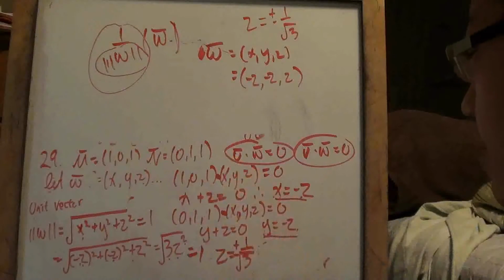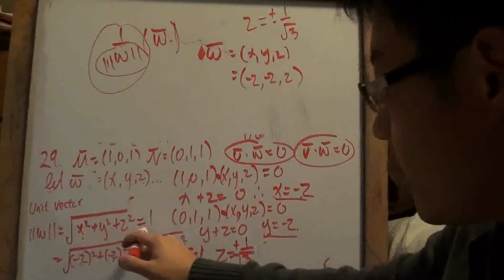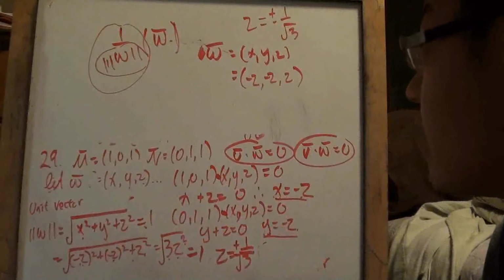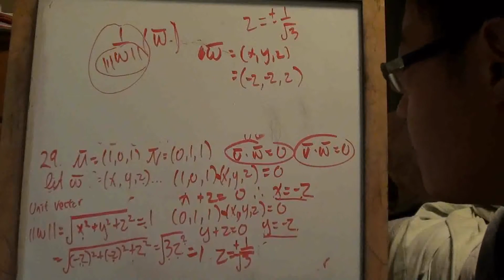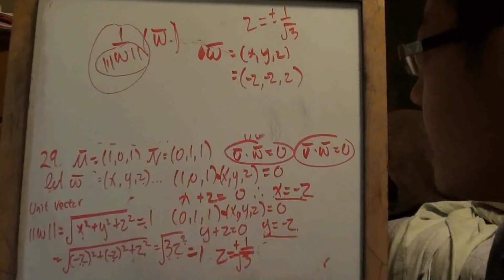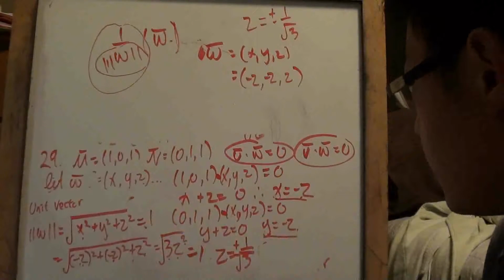By the way, there's a better answer for why it has to equal 1. By definition, a unit vector means its norm has to equal 1, but I'll try to explain better what it means.